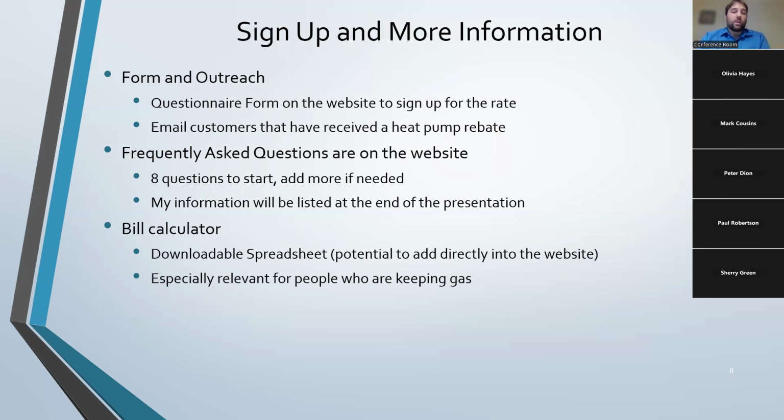You can look at HP Res A or HP Res B, and it will tell you your total bill and estimated savings. Take it with a grain of salt because it is an estimation, but it gives you an idea of whether this is for you or not, because it could come out to be a negative value for you if you're using gas as your primary and a heat pump just for one room in your house.